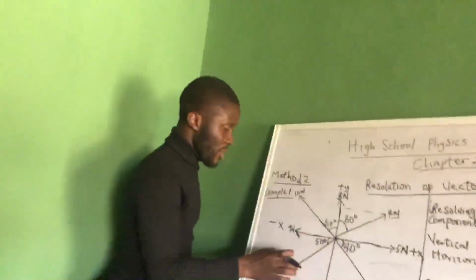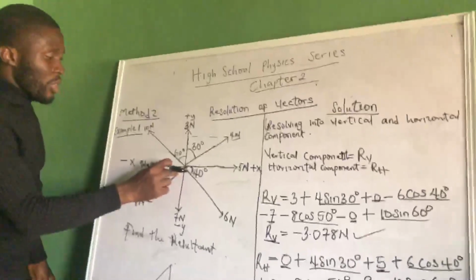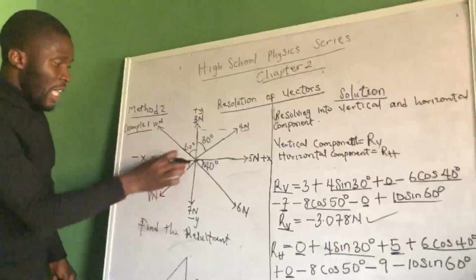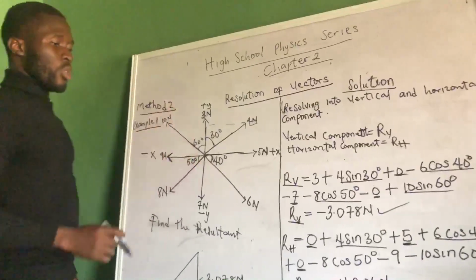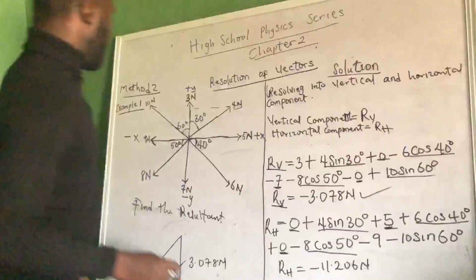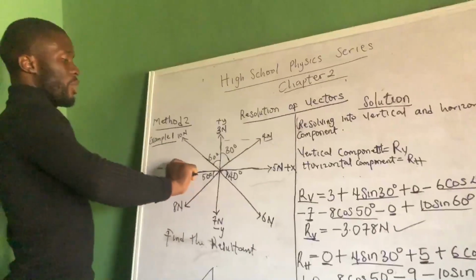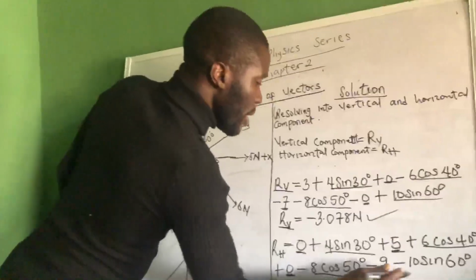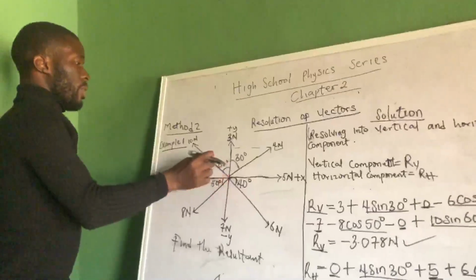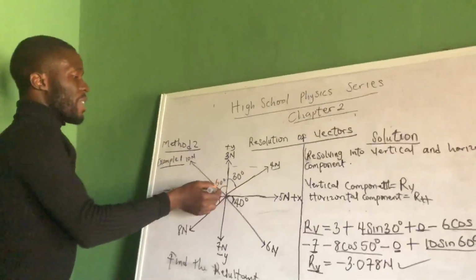Now, the next is 8. Our angle is inclined to the horizontal. So now we are also in the negative x direction. So minus 8 cos 50. Then after that, we have 9. 9 is on the horizontal component already. So we pick minus 9. Then 10. 60 is inclined.